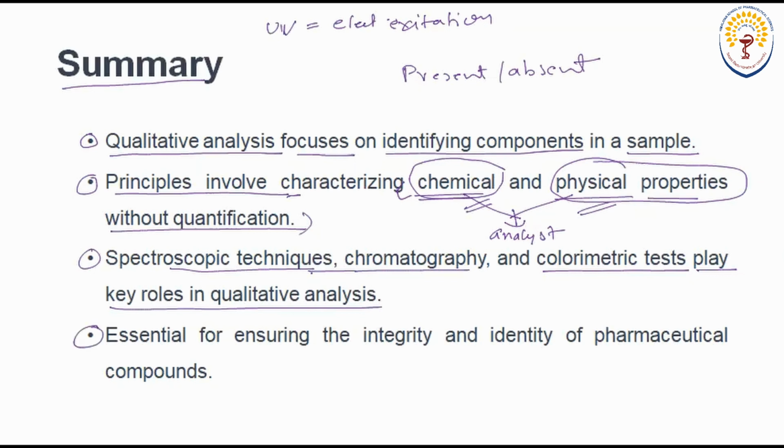The last point is that it is very essential to ensure the integrity and identity of the pharmaceutical compound. We just want to know whether something is present or not. It confirms the identity, and that is why we perform qualitative analysis.